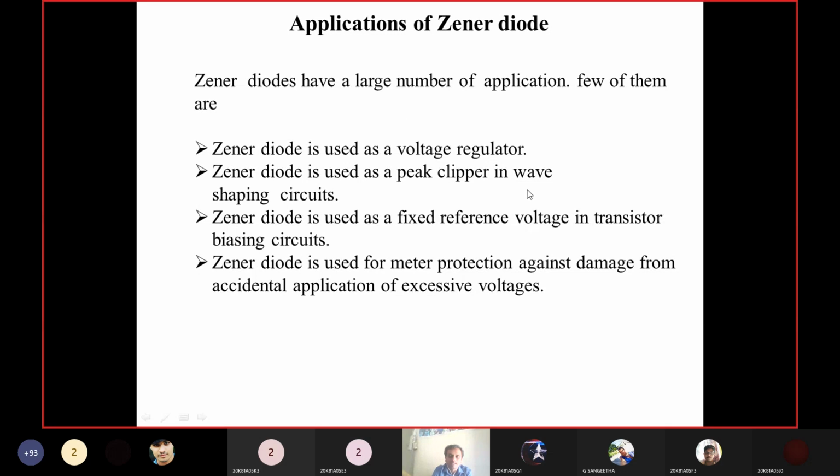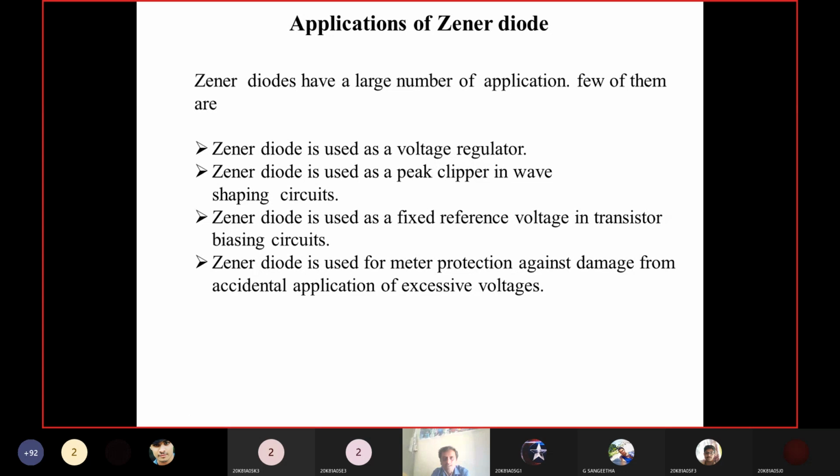Next, Zener diode is used as a fixed reference voltage in transistor biasing circuits. While using a transistor, whatever voltage we want, we can supply a fixed voltage by using Zener diodes. Next, Zener diode is used for meter protection against damage from accidental application of excessive voltages.